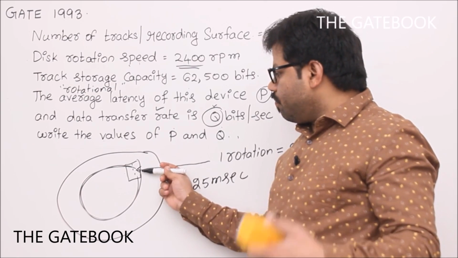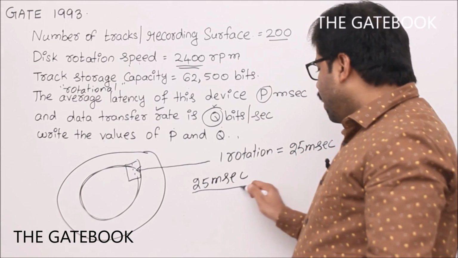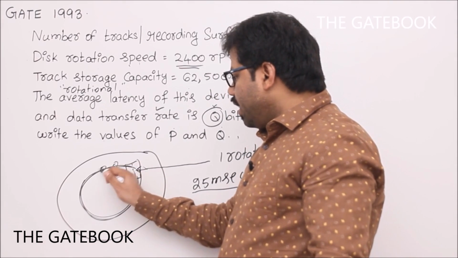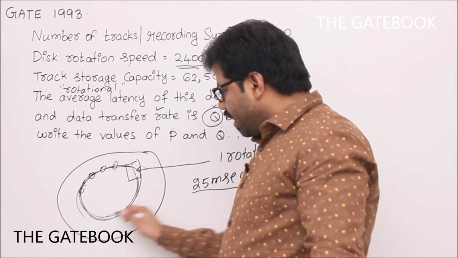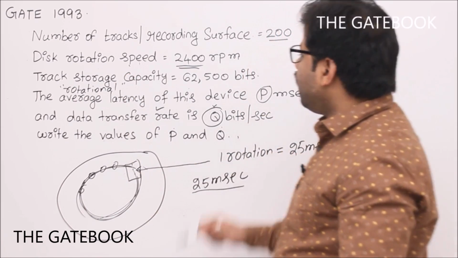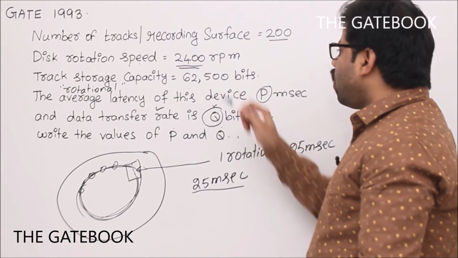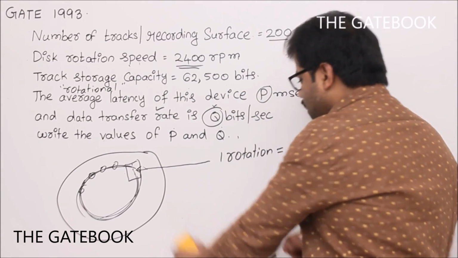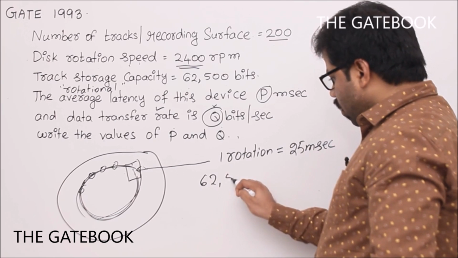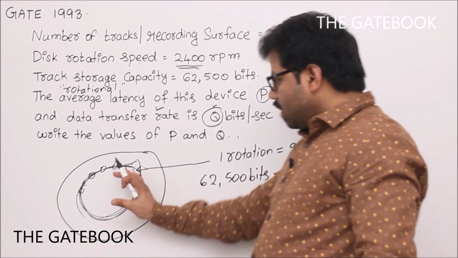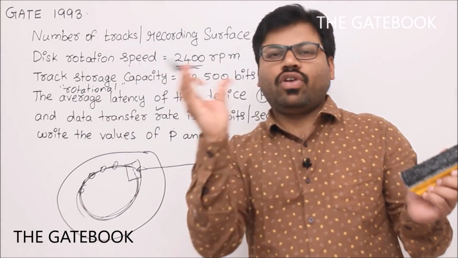Since within 25 milliseconds it can completely rotate, and if it completely rotates, then the entire track I can read. So what is the track capacity? That's why track capacity is important. The track storage capacity is 62,500 bits. Now I can say like this: to read 62,500 bits, this disk has to be rotated for one full rotation.